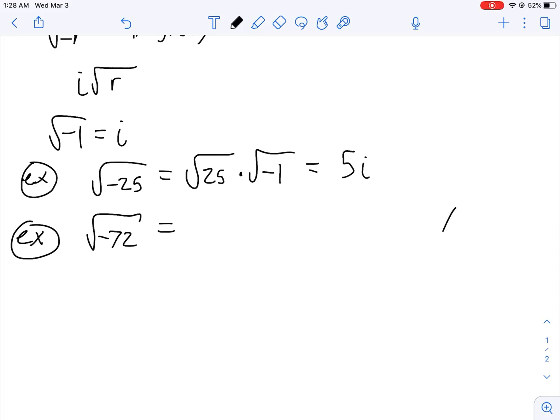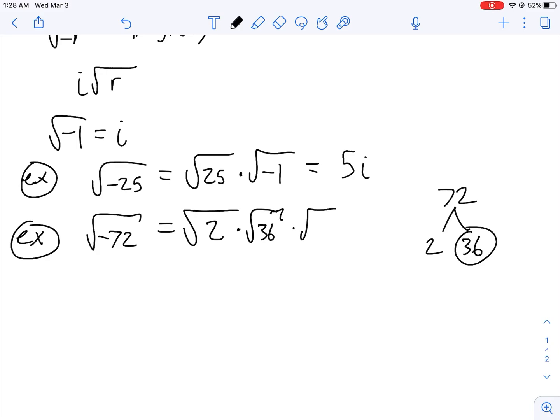There's a couple ways of getting to it if we remember how. 72 splits apart into 2 times 36, which splits apart into, if we see a perfect square, we can usually just stop right there. That's a perfect square. So 2 times 36, 36 is a perfect square. So we're going to split this up. Square root of 2 times the square root of 36 times the square root of negative 1.